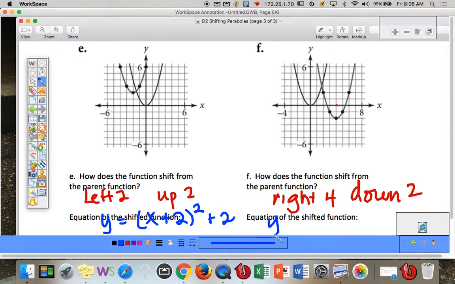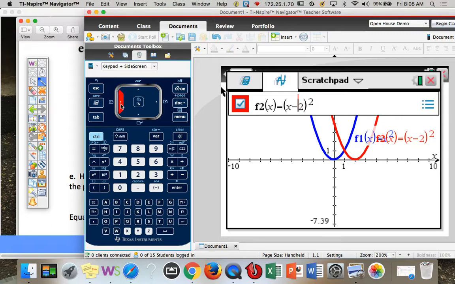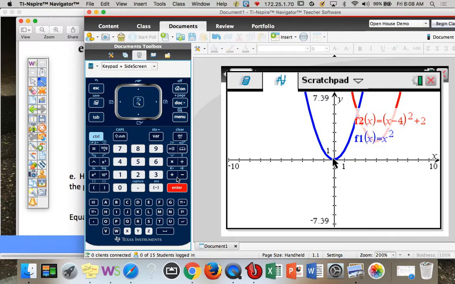Equation of the shifted function, right 4 would be x minus 4 squared, and then down 2 would be minus 2. Let's test this one, the right 4 down 2. So I'll hit tab, go up, in my parentheses, right would be minus 4, and then the up 2 be plus 2. And this one does move right 4 and up 2.